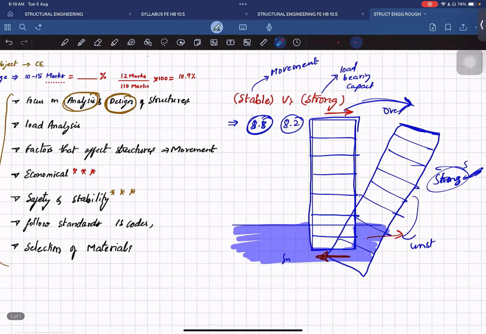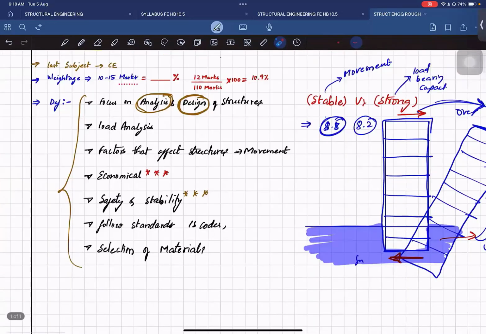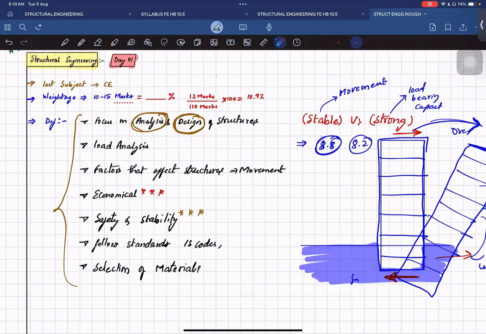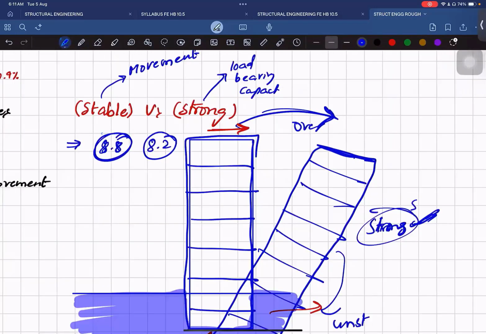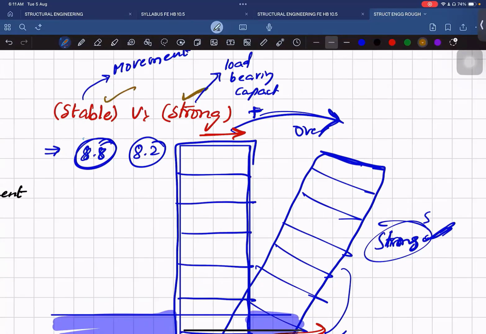So the structural engineer will analyze and design the structures so that the structure is stable, strong, as well as the third thing. What is the third thing? I said just now. Are these two more than enough? Yeah, it must be durable. Okay. So in present day design and analysis, can you tell me for how many years we are designing a multi-story building or a bridge or a dam?